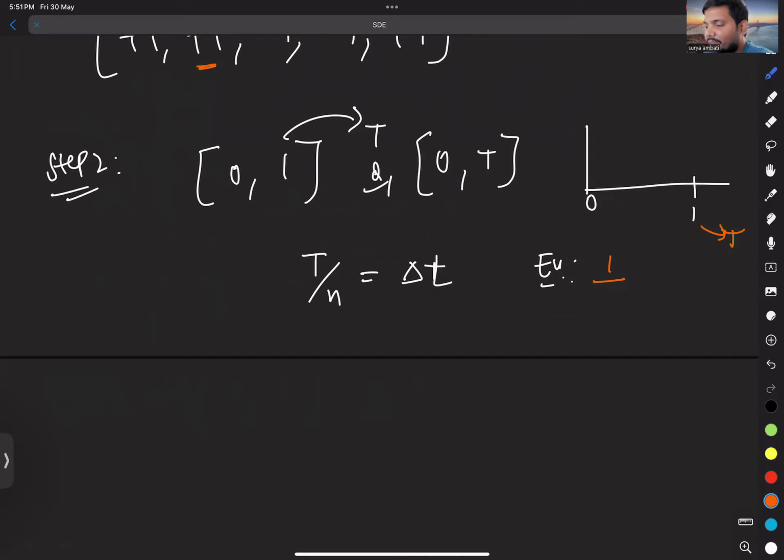First I'll explain with a simple example, taking n as 4. So 1 by 4 is 0.25, which means from 0 to 1 I'm dividing my graph into intervals of 0.25. Graphically, that gives 0.25, 0.5, 0.75, and finally 1.